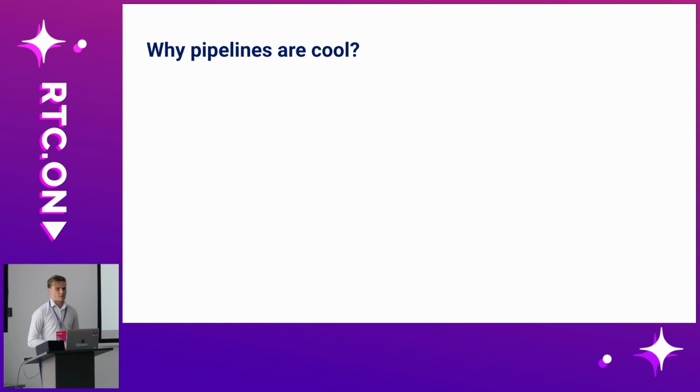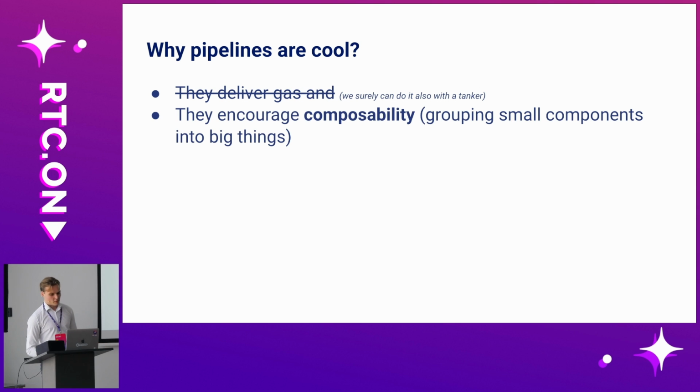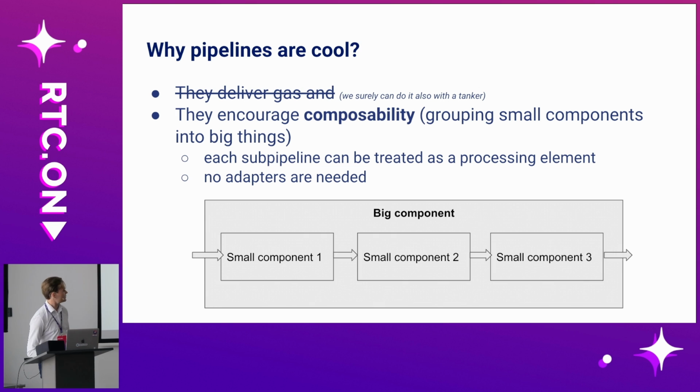Okay, in case you are not convinced that pipelines are cool, I would like to highlight some cool features of pipelines. They encourage composability. We might have a couple of small components that are linked together.